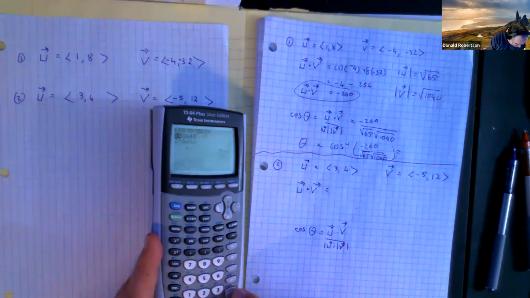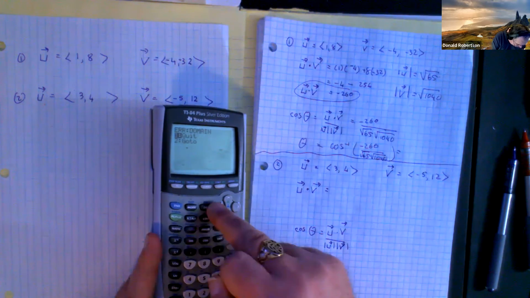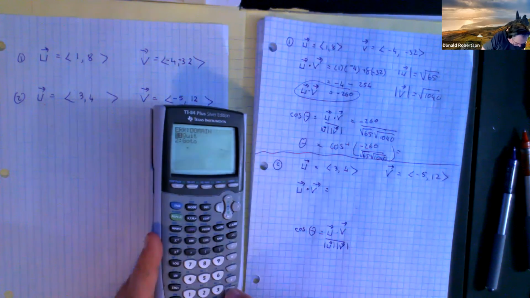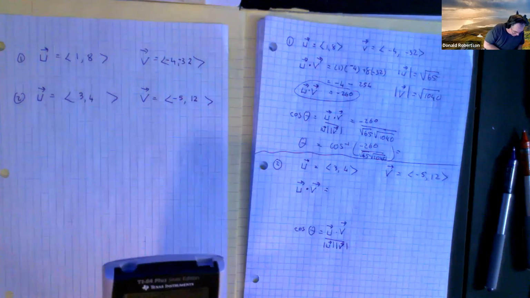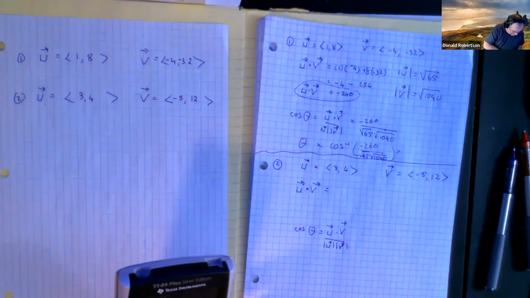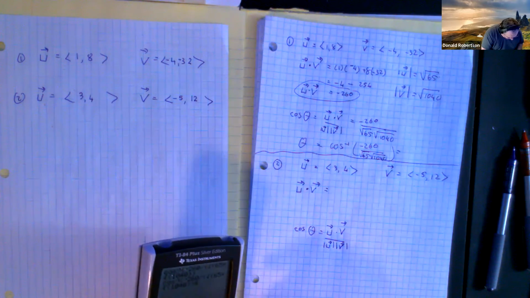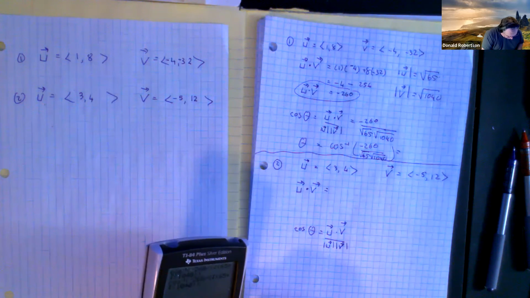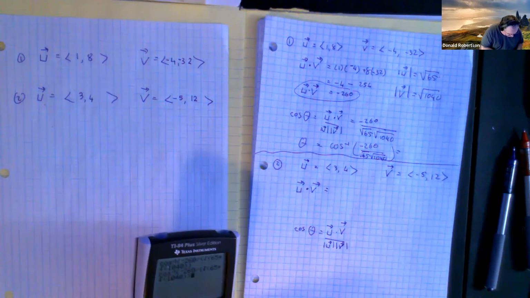You need another bracket. Let's bring this bad boy back up. I got inverse cosine, divided by square root of 625, times that guy. I think I need a third one.